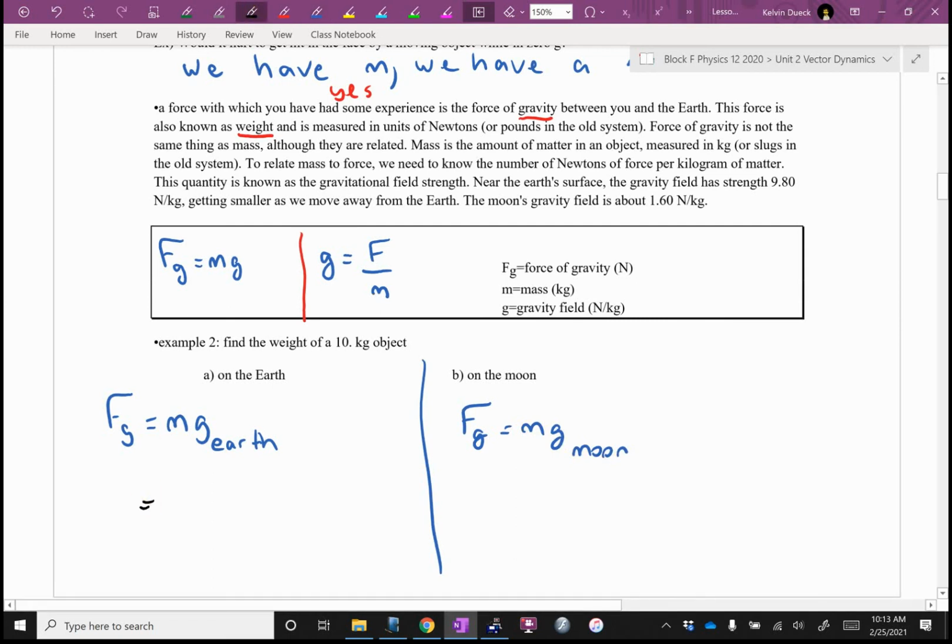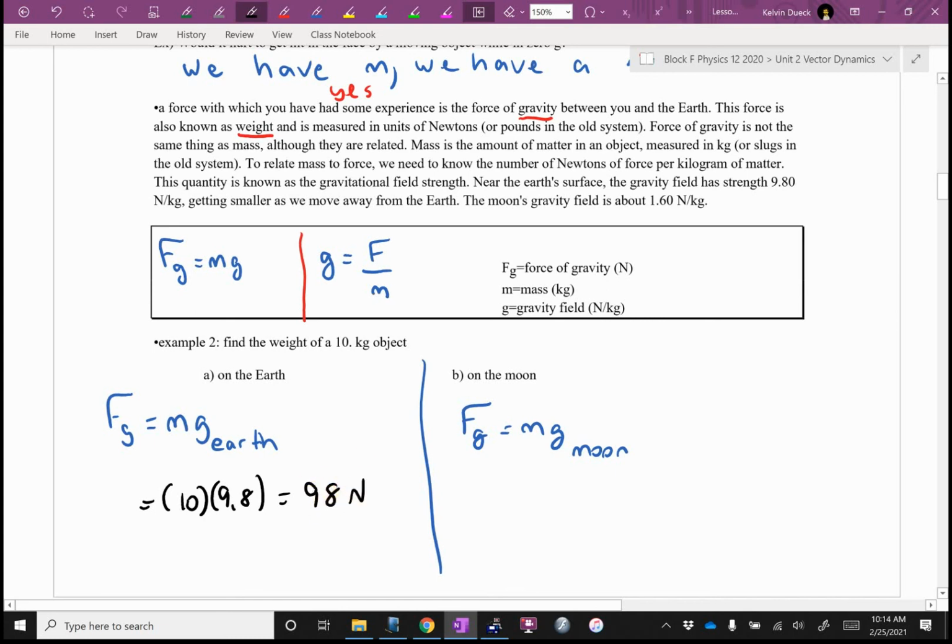Diego, what's the mass that they gave me in example 2? And what's g on the Earth? Good old 9.8. And we're not going to put the negative in because you'll see why. But yeah, we're going to keep things kind of scalarish. In your head, Diego, can you go 10 times 9.8? 98.